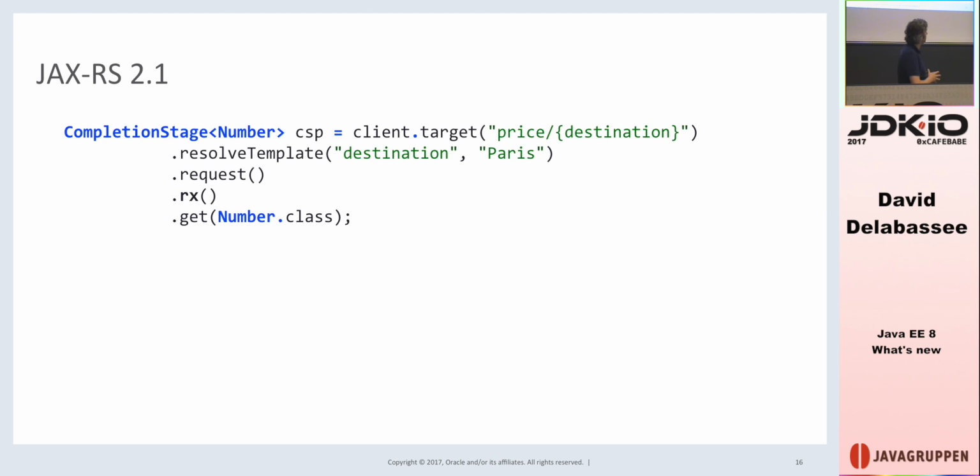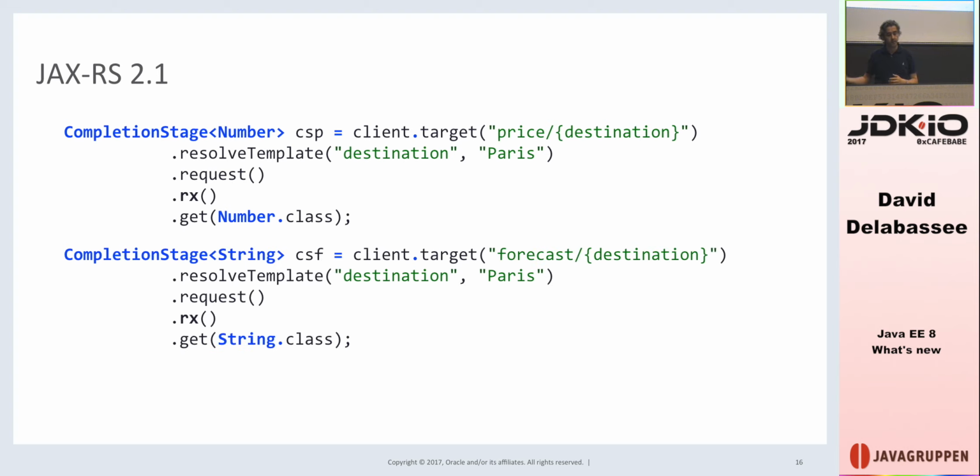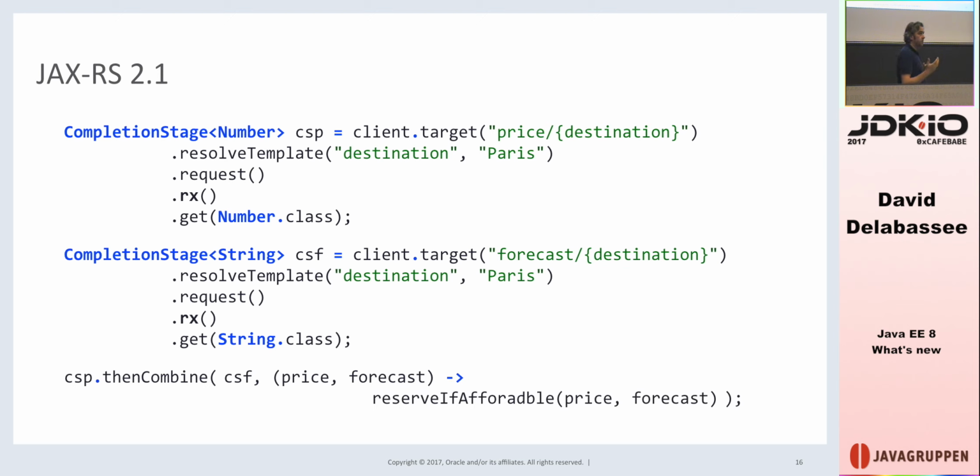I can do a first request. I'm using the new RX invoker. I have in return a CompletionStage of type Number. I can do another request. Again, it's an asynchronous request, but using this reactive invoker. And then it's just a matter of using the CompletionStage API of Java SE 8 to define the workflow between those different invocations. So those 2 requests are done in an async fashion, so they are not blocking.